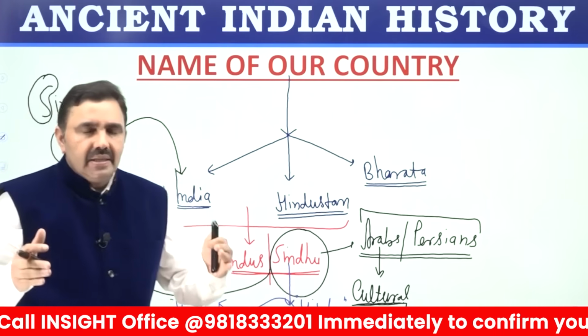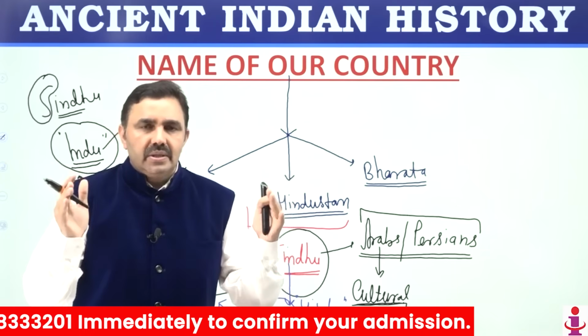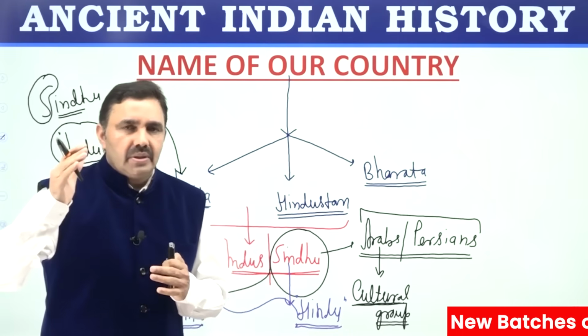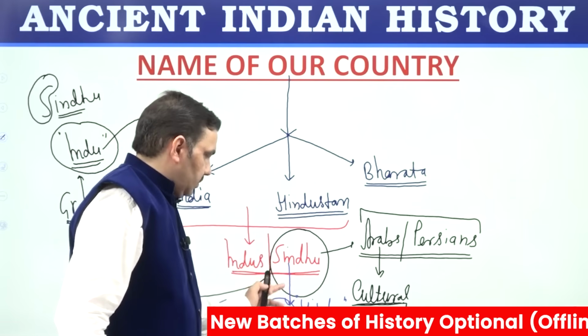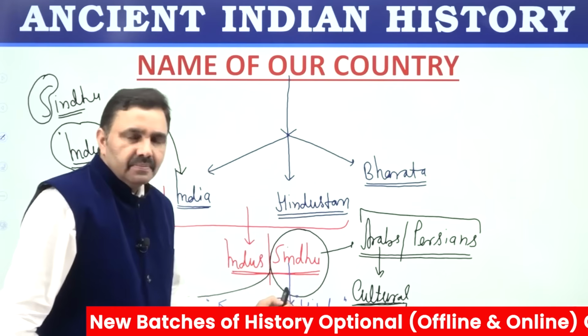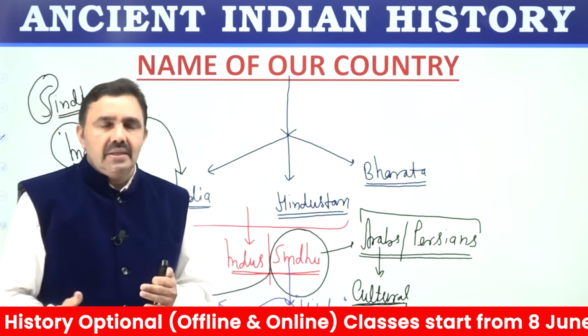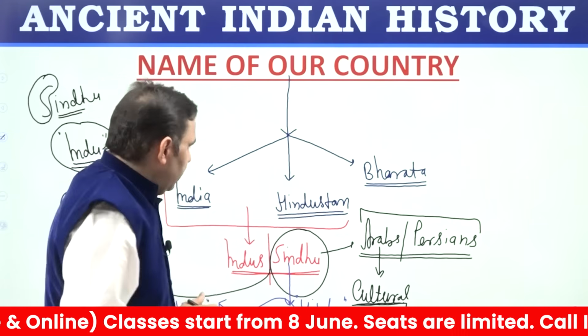So again, Hind, Hindu, Hindustan, all these three words have been drawn from the name of river Indus, because in Arabic and Persian languages, S is pronounced as H. So who gave the name Hind or Hindustan to our country? Arabs and Greeks.